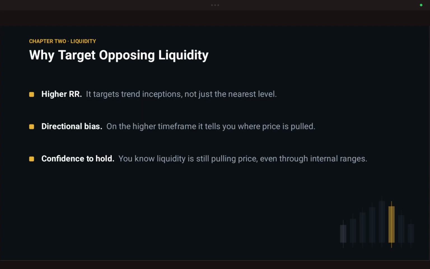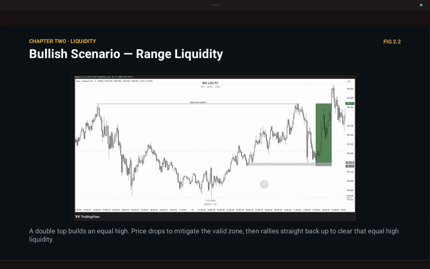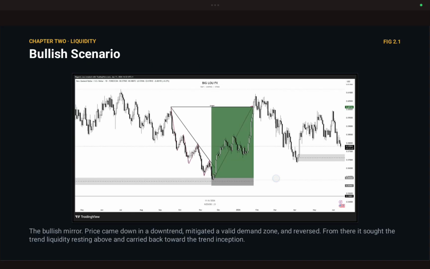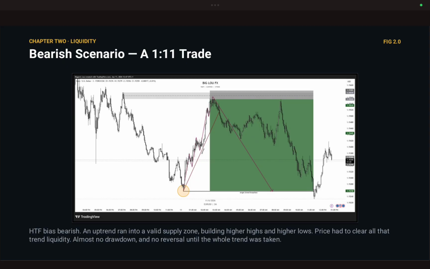You know, liquidity is still pulling price even through internal ranges, because you're going to see internal ranges. This one was the one that really did the internal range, went back up to entry and then dumped.